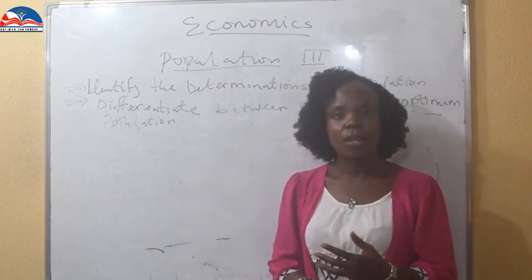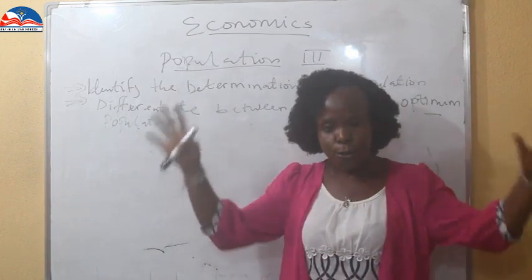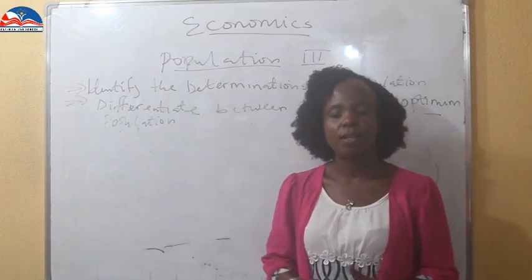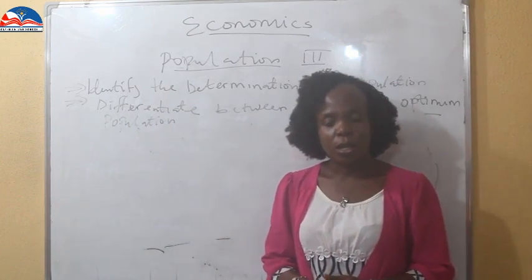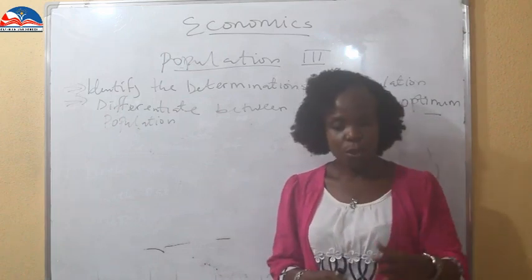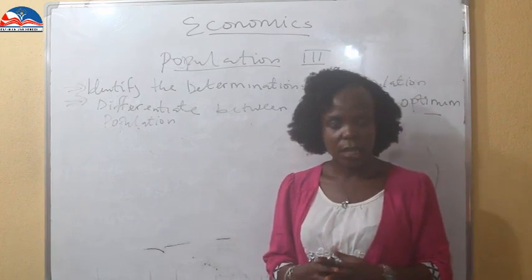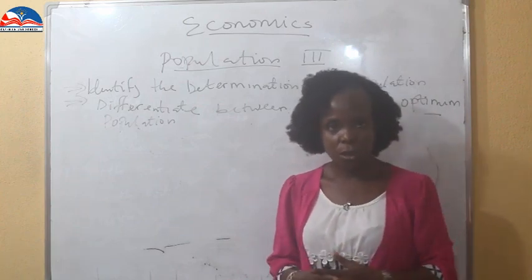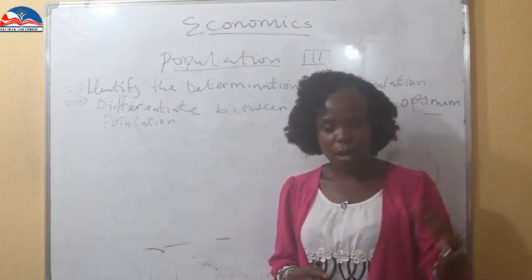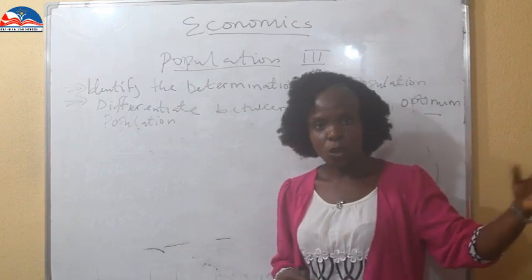The number is high because there is low death rate, more birth rate, and more migration in than those going out.